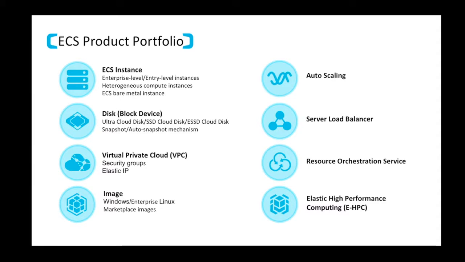ROS offers a template for resource aggregation and blueprint architecture that can be used as a code for development, testing, and version control. Templates can be used to deliver resources and system architectures. That's for ROS, and based on the template of ROS and API and SDK, you can conveniently manage your resources by a section of code.